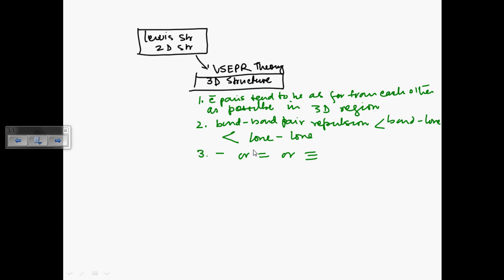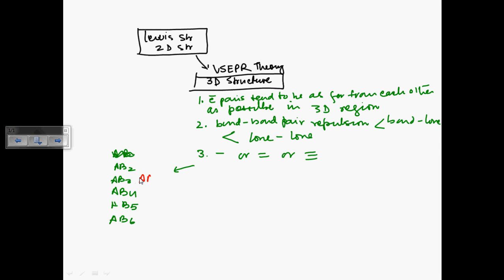Now with these basic things, there are all the VSEPR shapes. Remember AB2, AB3, AB4, AB5, and AB6. Please refer to the big table that we had drawn, and then you start getting lone pairs.